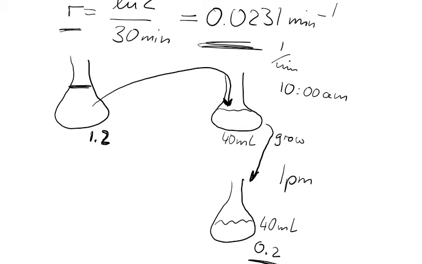How much do we need from this 1.2 culture to get started here, to get the right amount of bacteria in our 10 o'clock culture? That is basically what the question asks. How much do we need of this? How can we actually address this?